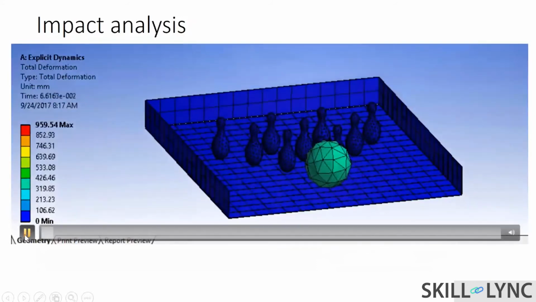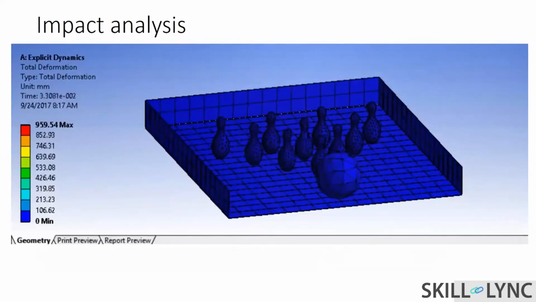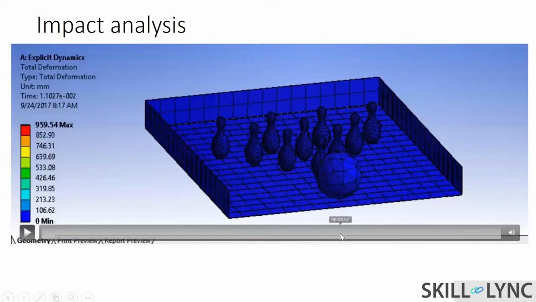You'll have the pin and the ball, and you'll be simulating bowling. This is one interesting simulation which we would do, other than the crash test or the bullet perforating a material.